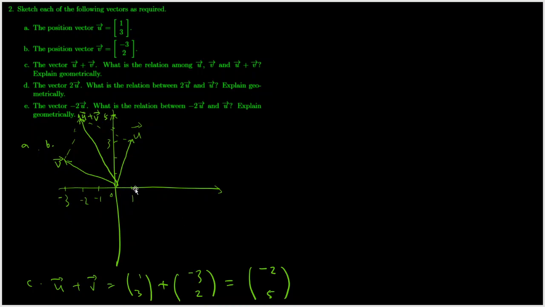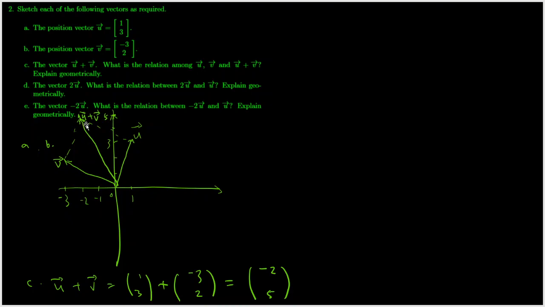Okay, in general, it's always true. I'm going to summarize. In general, if you are given u and v, you do not have to use the position vectors. If the initial points of u and v are at the same point, then using u and v, you can form a parallelogram.